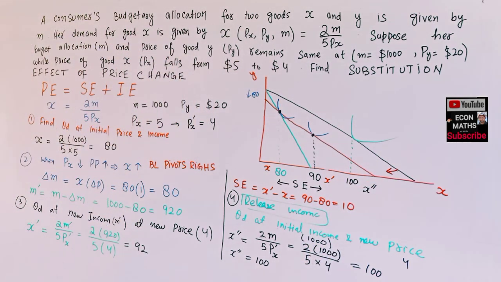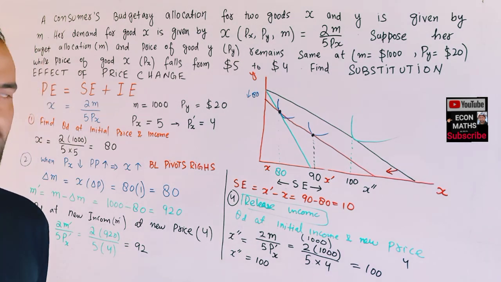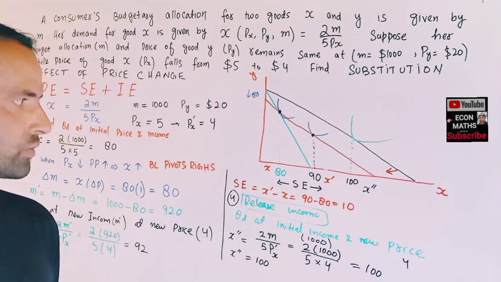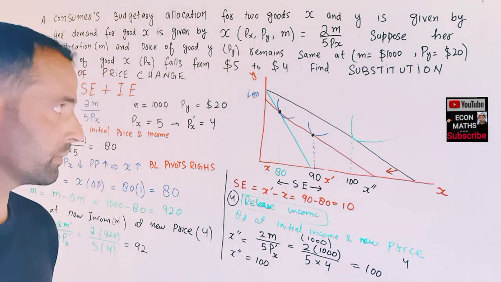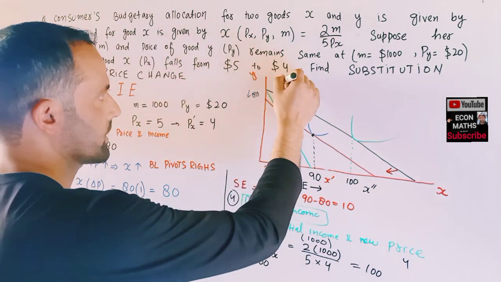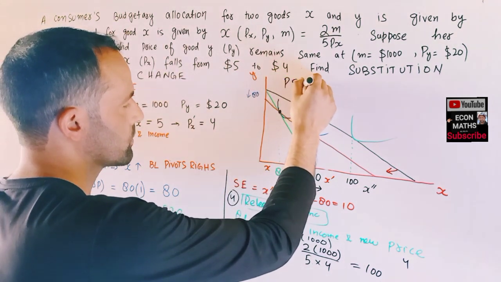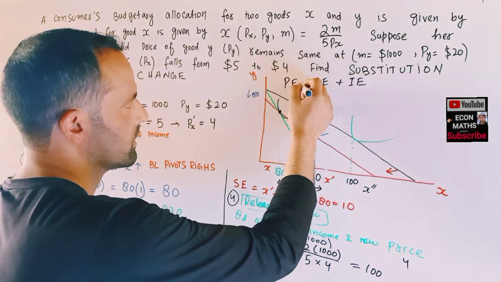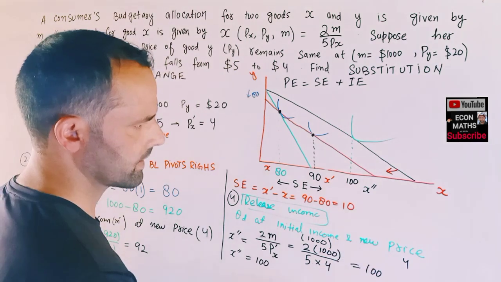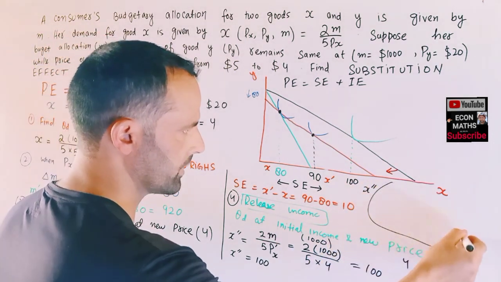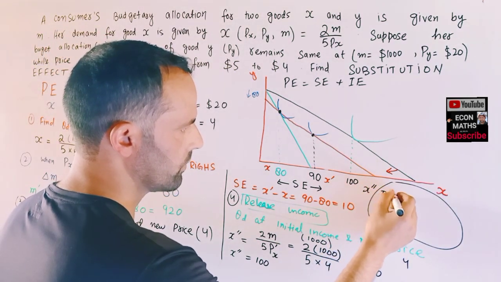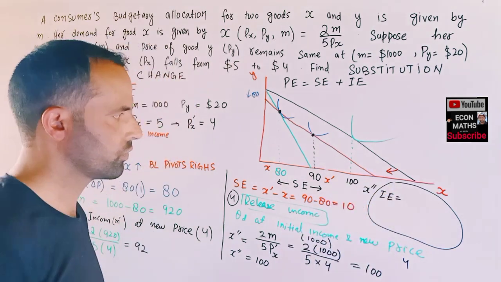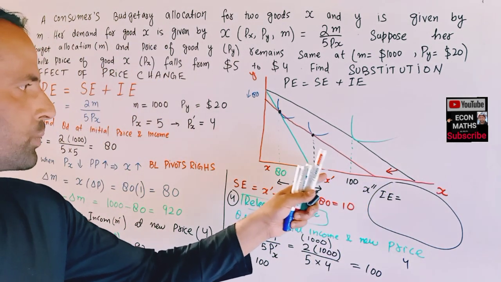Now we have decomposed the price effect of a price change into substitution effect and an income effect. So price effect is equal to substitution effect plus income effect. So what is the income effect here? Let us also write it here. We have moved from this point to this.